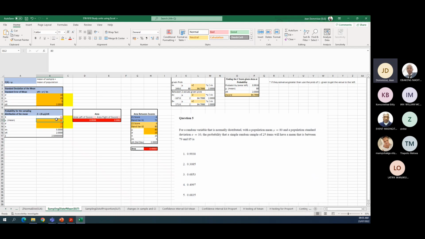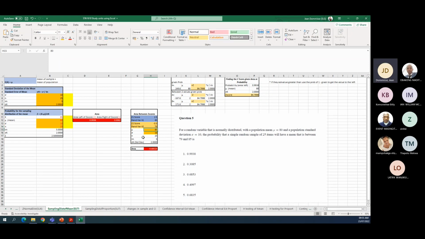So if we only needed to work out the one side, that portion was there. Okay, but we now need to work out the area in between. So let's take the 85, just to make sure which one.